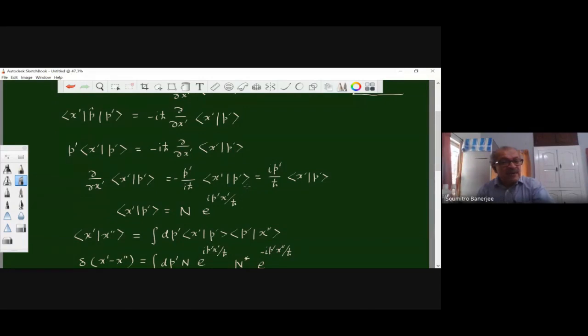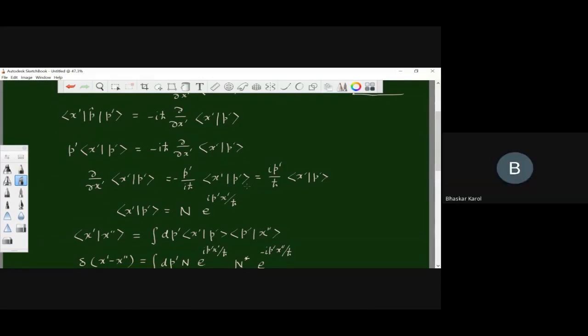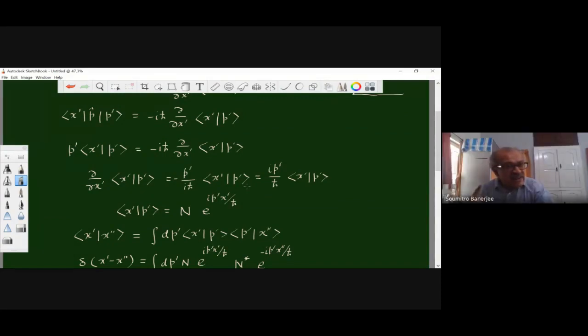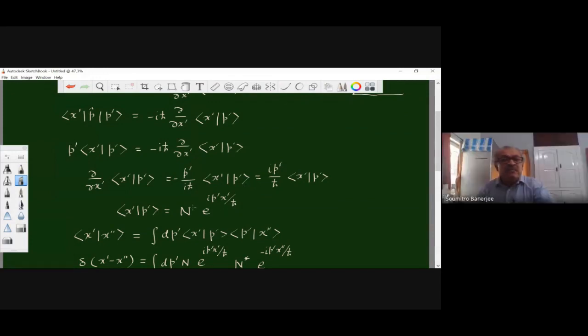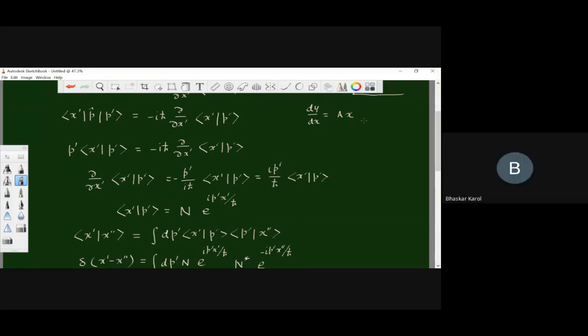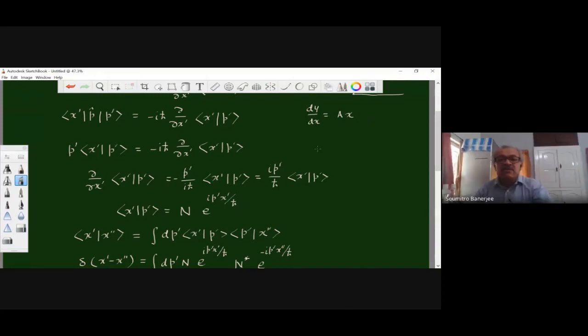Sir, have you assumed this e to the power first, or directly? I have assumed this e to the power i p dash x by h cross, because the solution of an equation of this form, say dy dx is equal to something, say a x, is exponential, right?